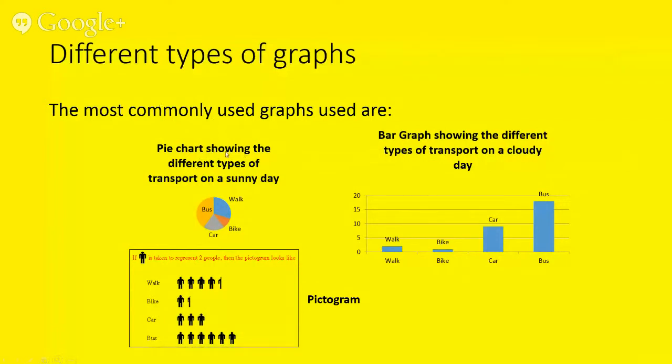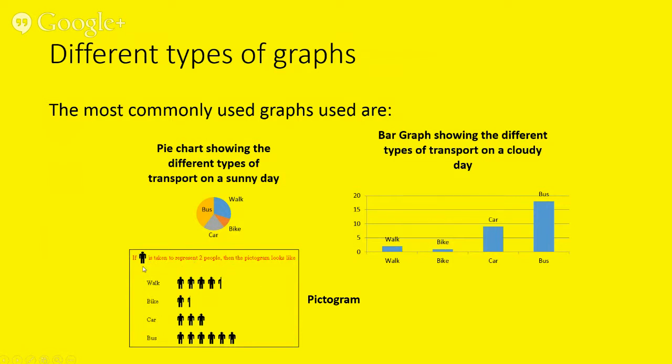I'll come back to this one just now. And then we also have a bar graph showing different types of transport on a cloudy day. The height of the bar will indicate how many people have used that form of transport. And then a pictogram, where a little picture represents a certain number of people.